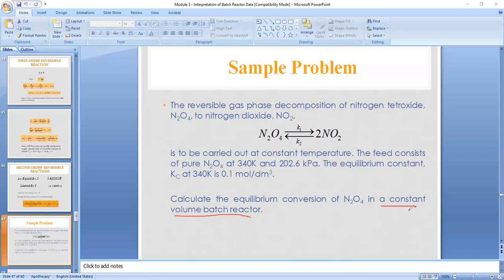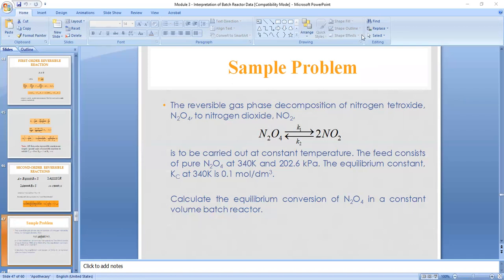We will discuss the formula for variable volume reactions in a few minutes. Here it was specified that it's constant volume, so we're okay. We can use the principles and formulas, if applicable, that we have discussed so far.